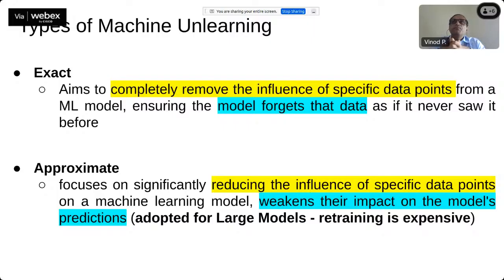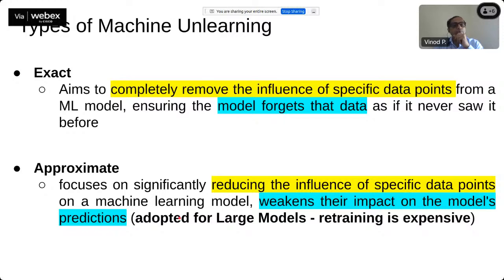In approximate unlearning, the job of the model developer is to look at the internals of the model, which are basically the weights or the gradients, or in summary, the parameter space of the model, and then try to bring changes in the parameter space corresponding to these sensitive data points, or scrub the parameter space in such a way that the prediction corresponding to all sensitive data or the private set will be low, but at the same time the prediction score corresponding to the retained set or the preservation set should be as high as possible.